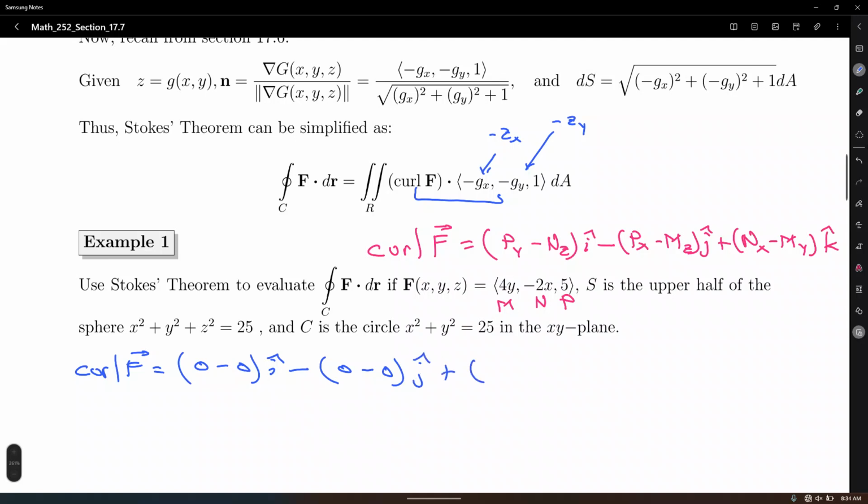And lastly, plus partial of n with respect to x, that is negative 2, minus partial of m with respect to y, that is 4, in the direction of k. That is going to give us all zeros for the i and j components and only negative 6 for the k component. Coming back to component form, 0, 0, negative 6. All right, negative 6.